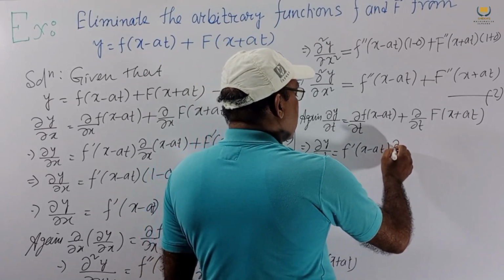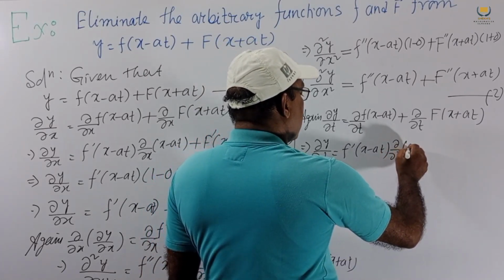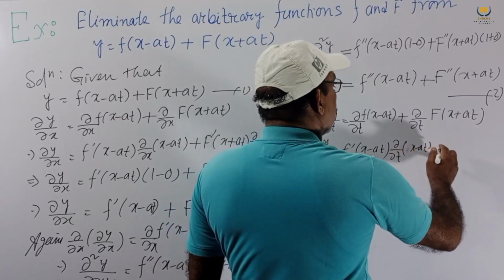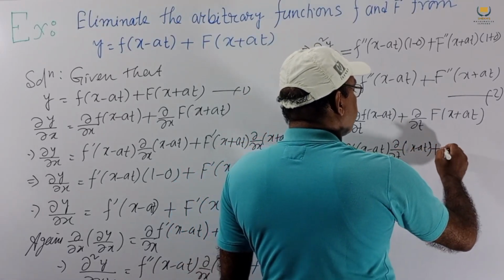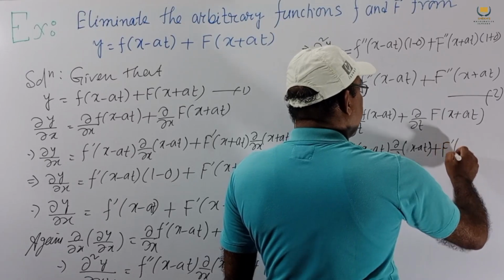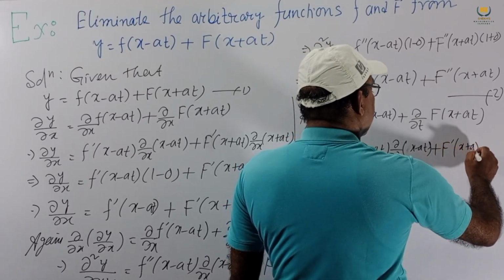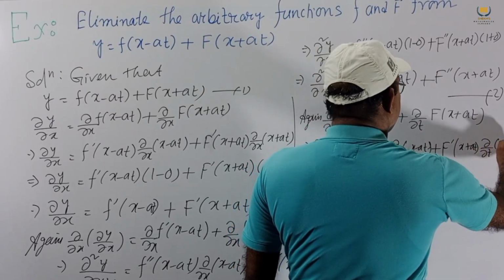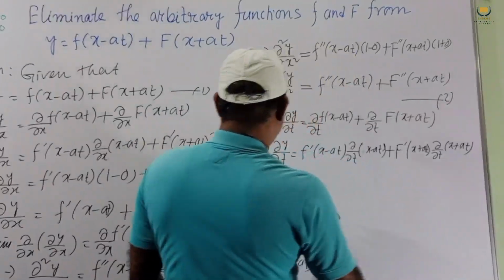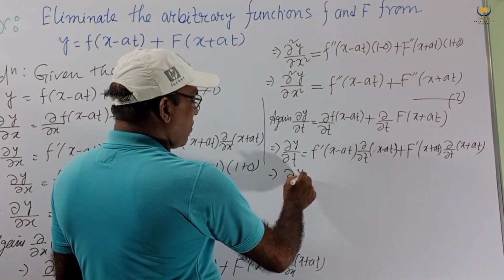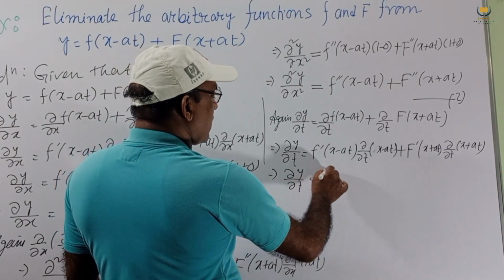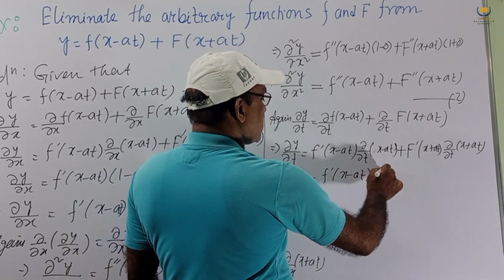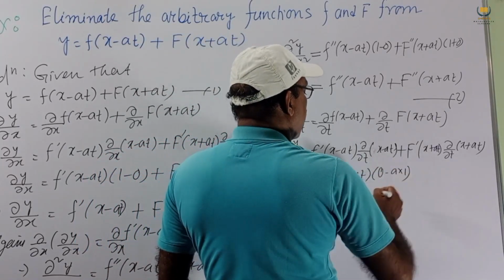So this is ∂/∂t(x − at), plus F'(x + at)·∂/∂t(x + at). This implies ∂y/∂t = f'(x − at)·(0 − a·1).